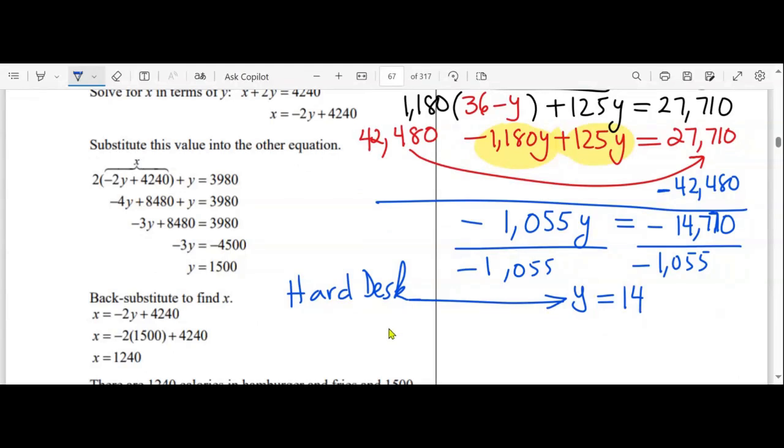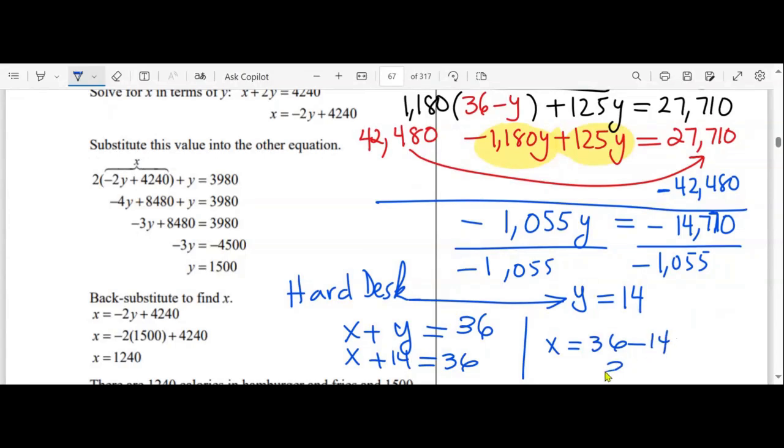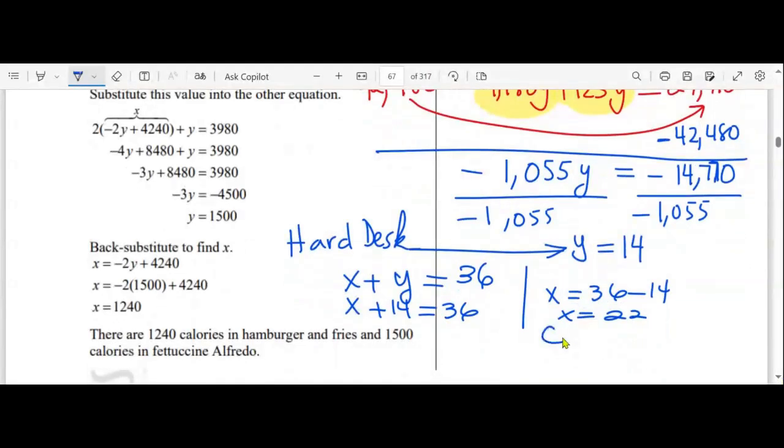You're going to use equation number 1, which is x plus y. X plus y equals how many? 36, right? So x plus 14 equals 36. So x equals 36 minus 14. That gives you 22. So in this case, how many computers did you sell? 22. That's it. Easy as easy.